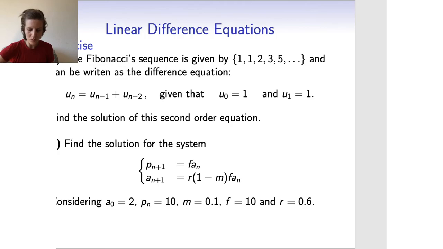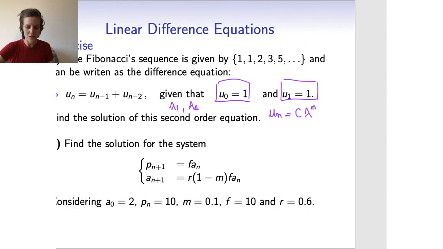So you are going to suppose that U_n is equal to some constant times lambda to the power of n, and substituting in the difference equation, you will get the characteristic polynomial, and then you get lambda 1, lambda 2, and by using the initial conditions, you are going to determine the constants 1 and 2, and then you are done.